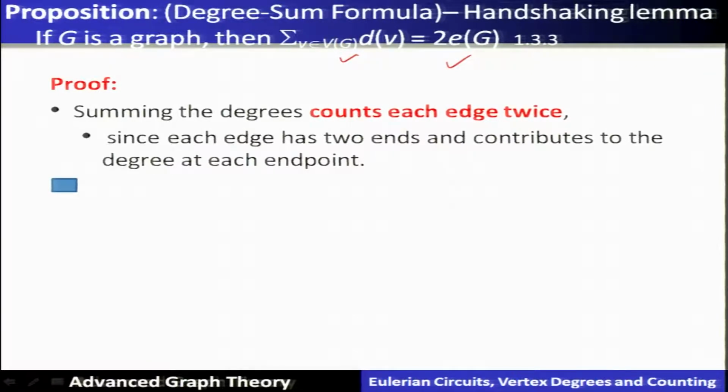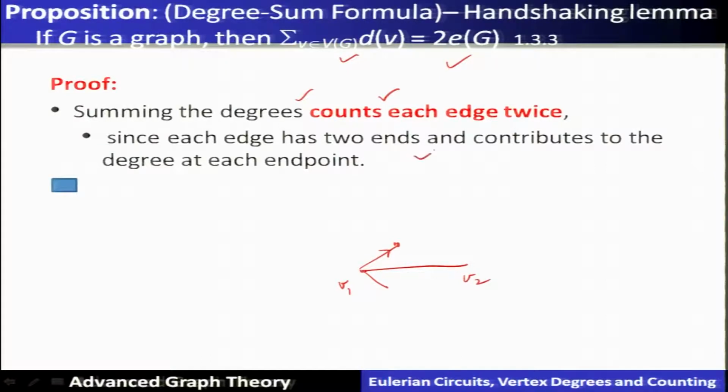Now if we sum the degrees, so this is the particular vertex V1 and this is particular vertex V2. Whenever we are summing up, the degree of a particular vertex is nothing but the edges which are incident on that particular vertex. Similarly, this edge is incident on the other side of the edge, that is also another vertex. So every edge is incident on two vertices. Hence when you sum the degrees, each edge is counted 2 times.